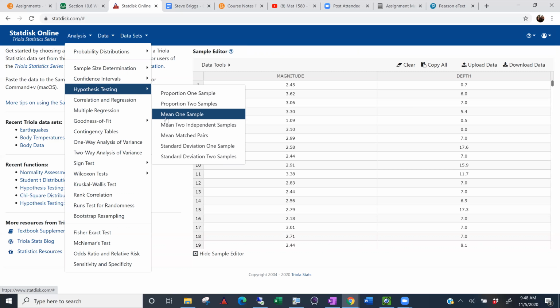So StatDisk, it's going to be analysis, and then hypothesis testing, and then mean one sample.